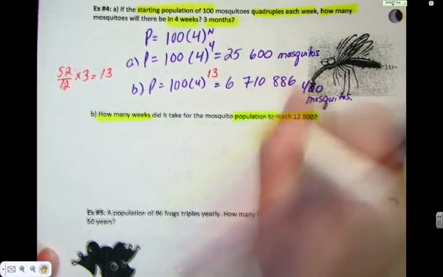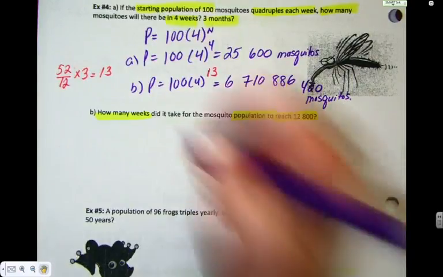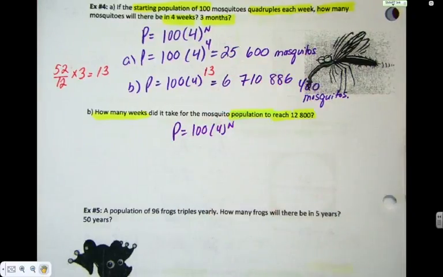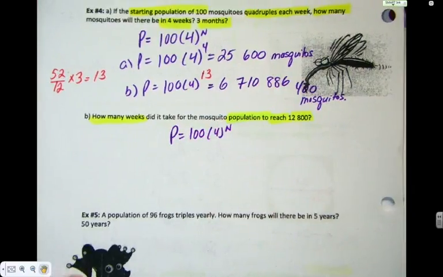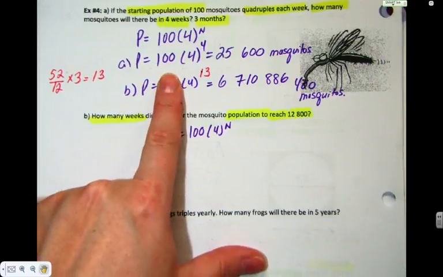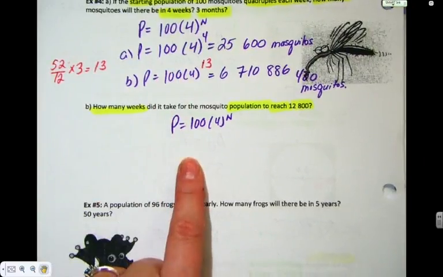The population. What's the difference between Part A and Part B? This one might be division. Perfect. Part A gave us the time and was asking for population. This one is giving us a population and asking for time.